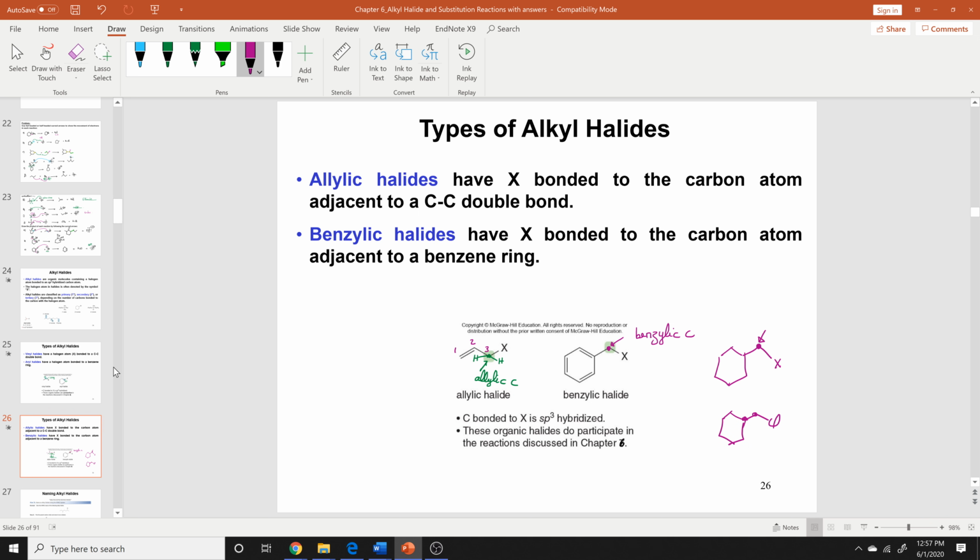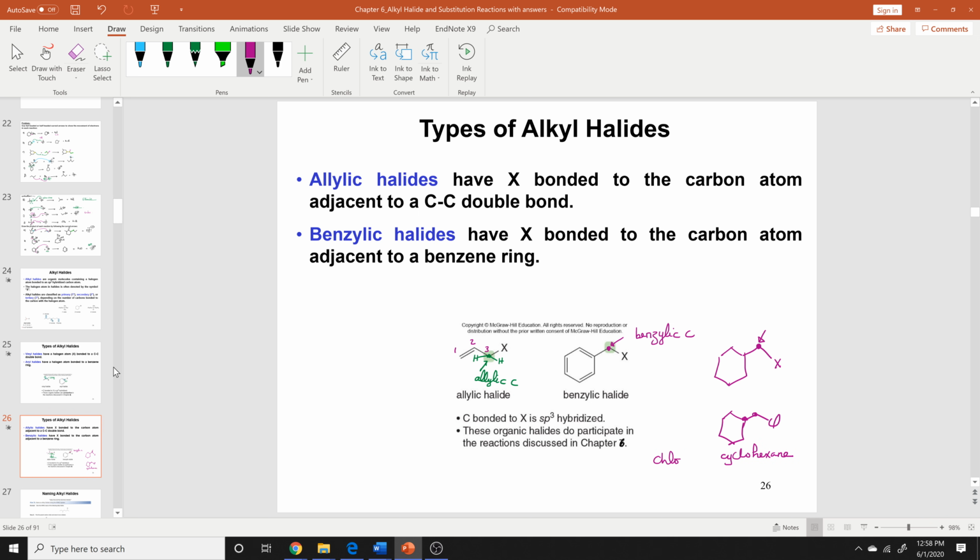Cyclohexane is the parent name because it has more carbons than the one carbon over here, so the name cyclohexane is going to be at the end.